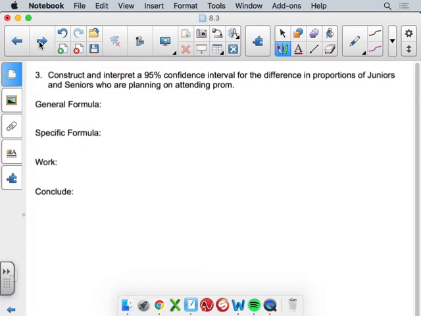Alright. So on this, construct a 95% confidence interval for the difference. It's kind of a tight little area on your notes, but construct it. So our formula in basic form is point estimate, like your sample guess, plus or minus the margin of error.